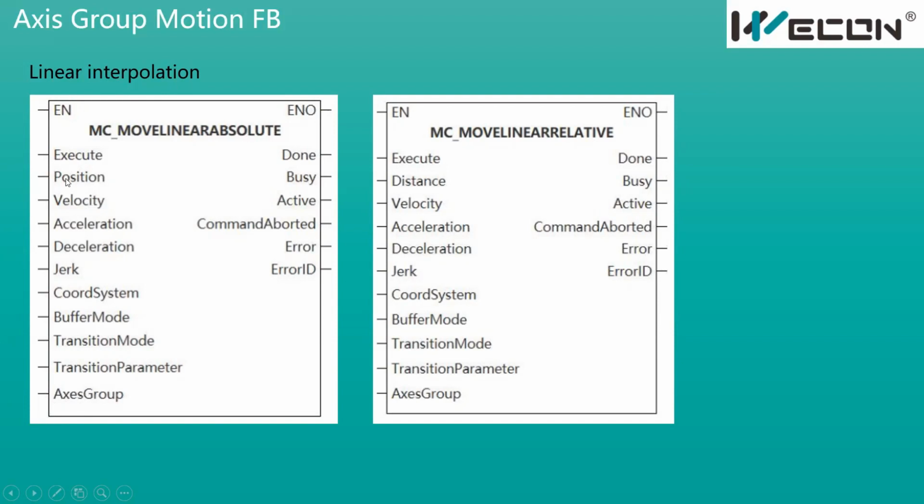We have target position and running velocity, and the running acceleration, deceleration, and drag. For this coordinate system, we just use default value because for now we only support XYZ 3-axis model. And I will show how this linear interpolation works later with the program.